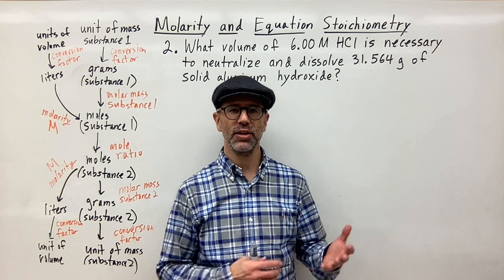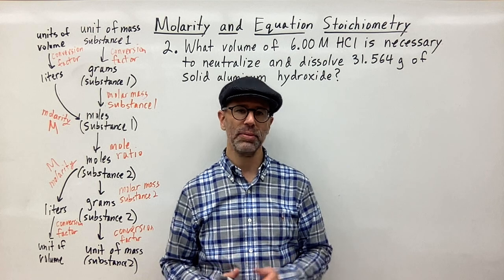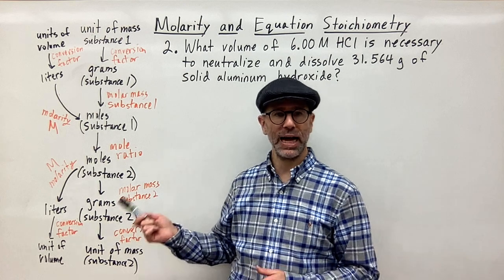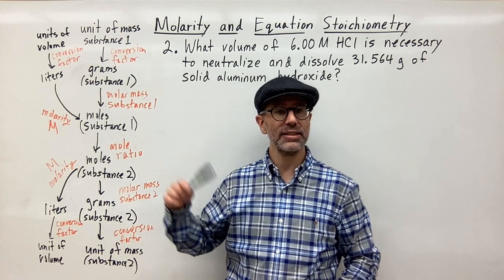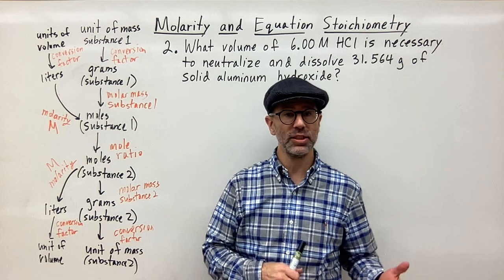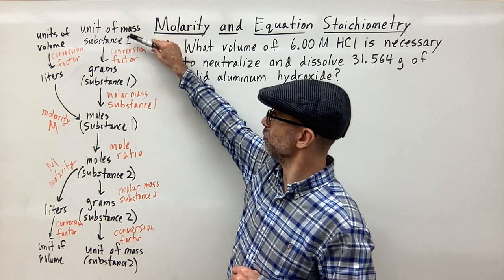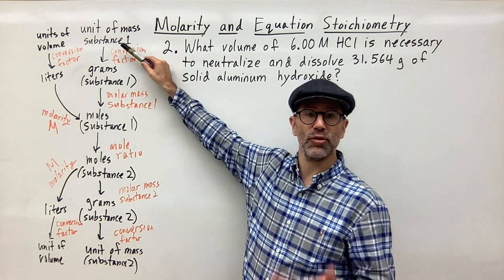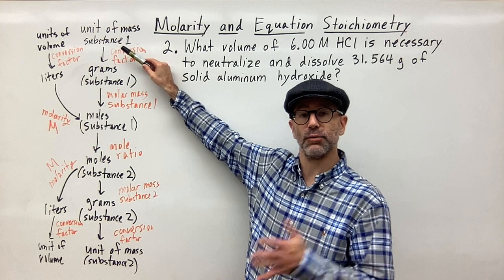In previous videos where I've done stoichiometry, I've used a roadmap, and what you see here is the roadmap, but it's been built onto. When we've done mass to mass conversions, mass of one substance to mass of a different substance, we would start with the mass of substance one at some unit. We would need to convert that to grams in order to use molar mass to convert grams to moles.